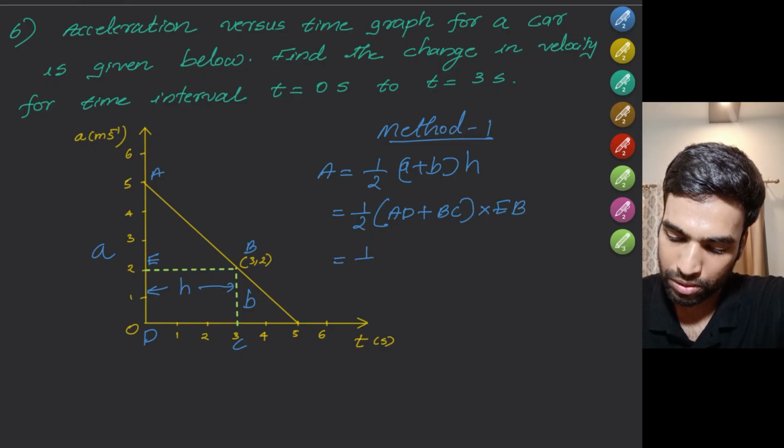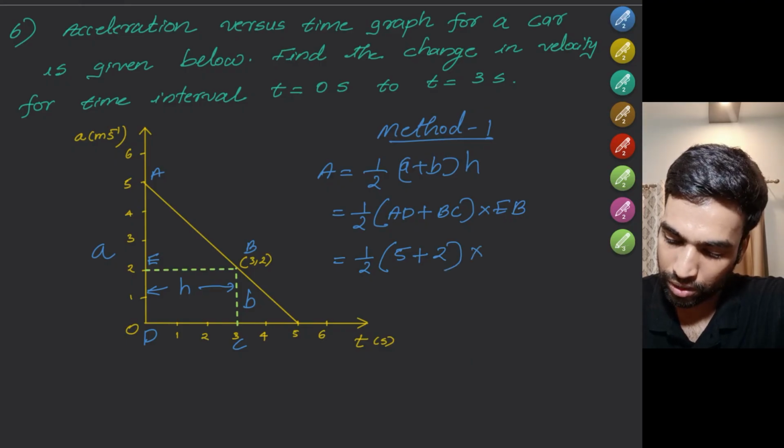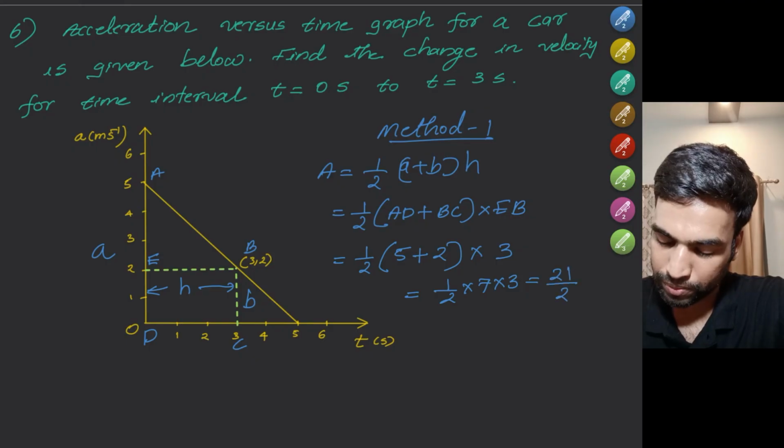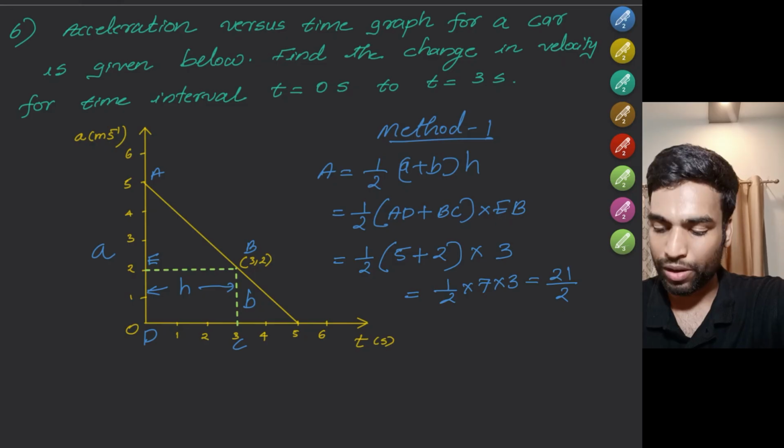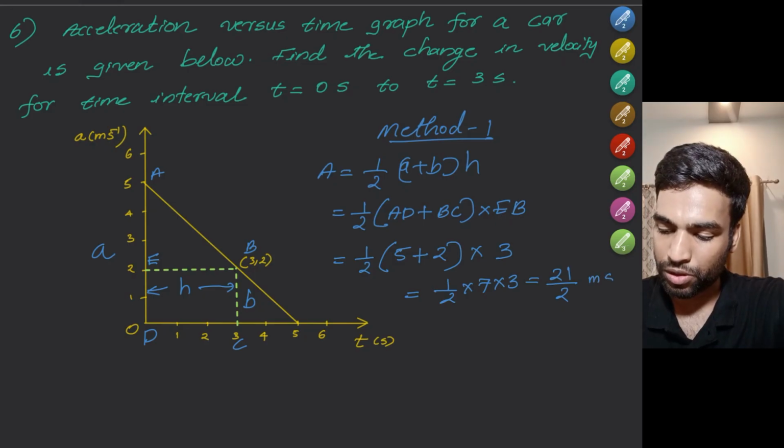So half into AD is 5 clearly, and BC is 2 clearly, into EB is 3. So this will be equal to half into 7 into 3, which is 21 divided by 2. That corresponds to the change in velocity. So the unit is meter per second.